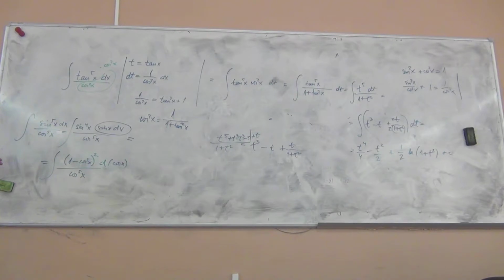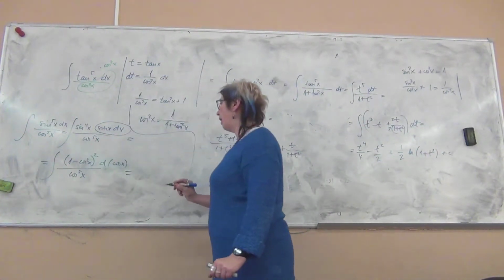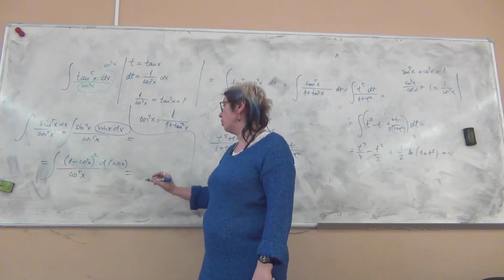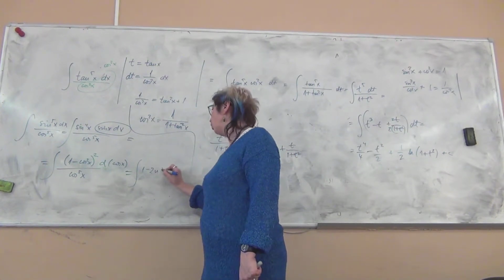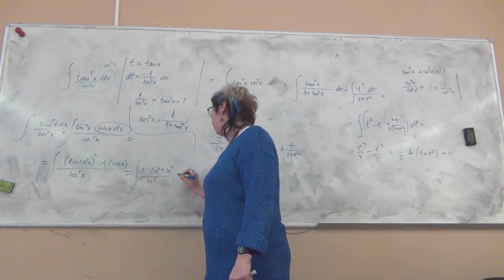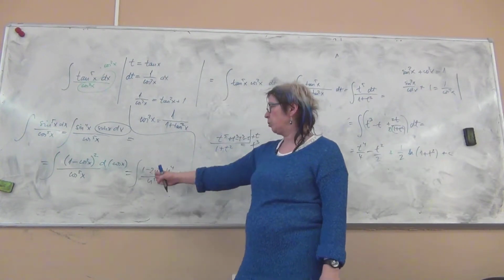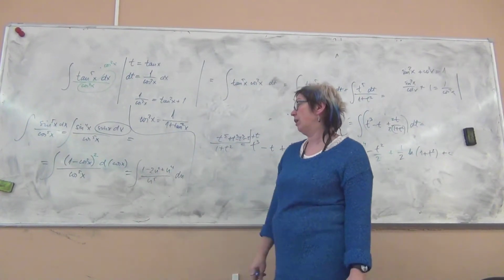And I can do this algebraically again. I can turn it in terms of t or in terms of u, whatever. I can denote u is cosine of x, and then I have a rational function. Okay, if u equals cosine, then I can have an integral of 1 minus 2u squared plus u to the fourth, over u to the fifth, du, and I can split it into 3 separate terms and integrate it like that.